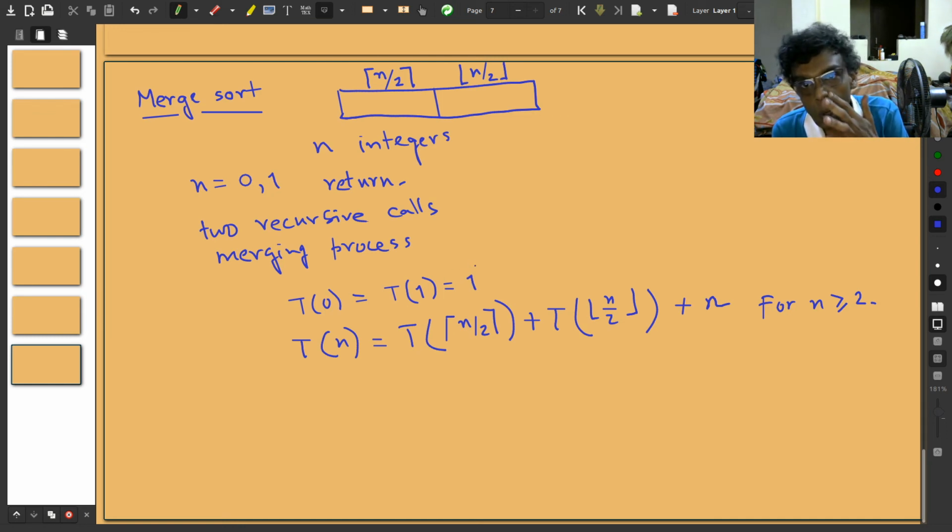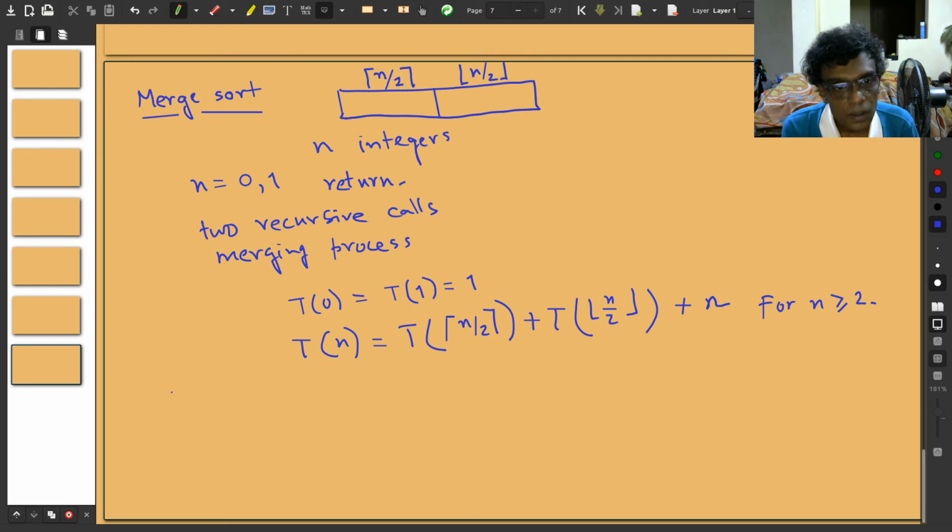Now, when I want to form closed form formulas for this, I will make an assumption that n is always a power of 2, such that I do not have to consider the floor or ceiling functions. That will actually simplify my proof, but in order that the proof makes sufficient sense, this we will cover later, we require this function Tn to be increasing.